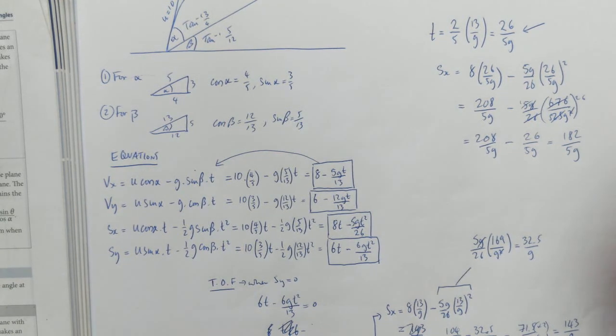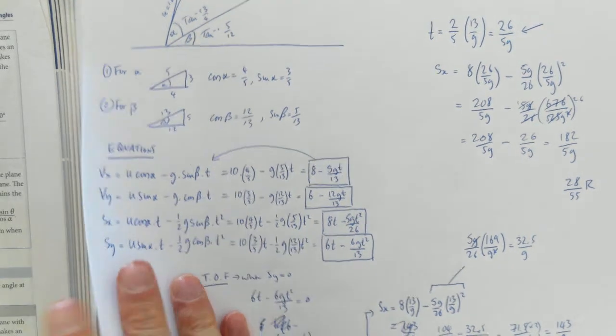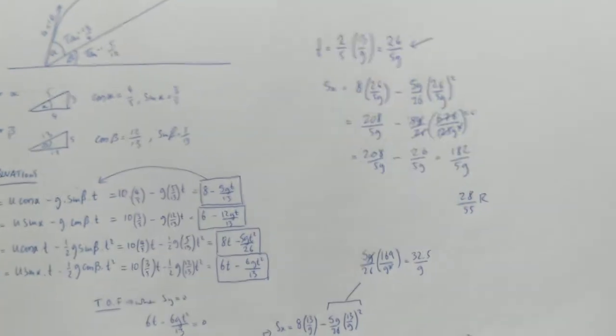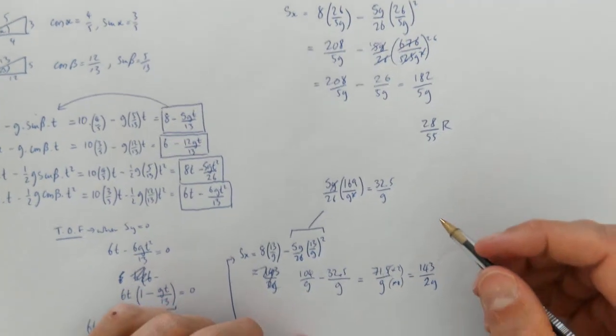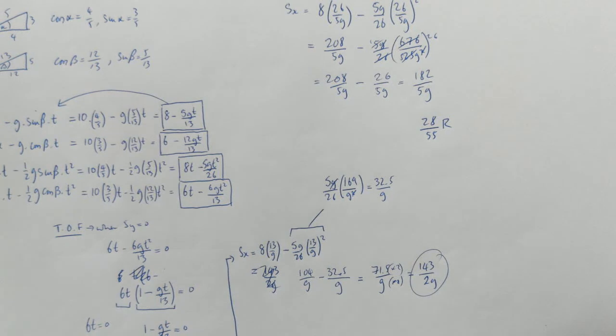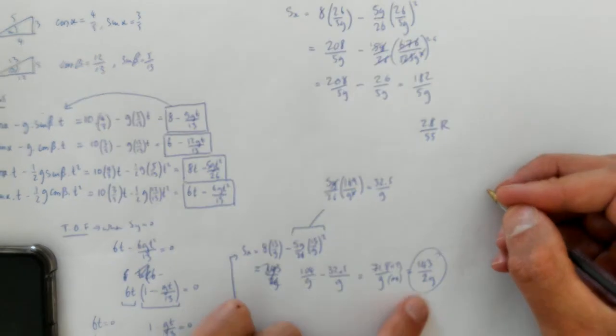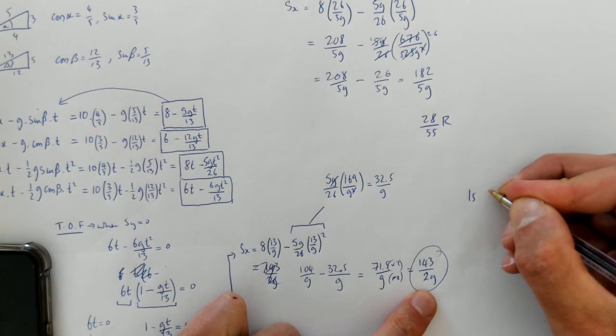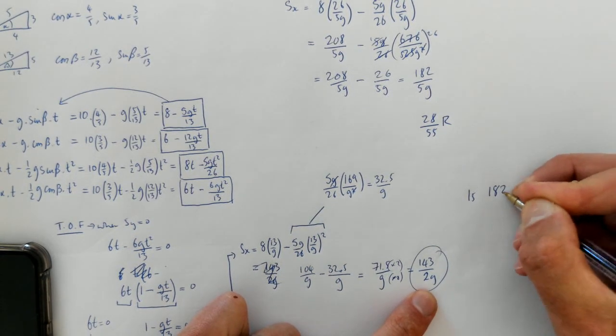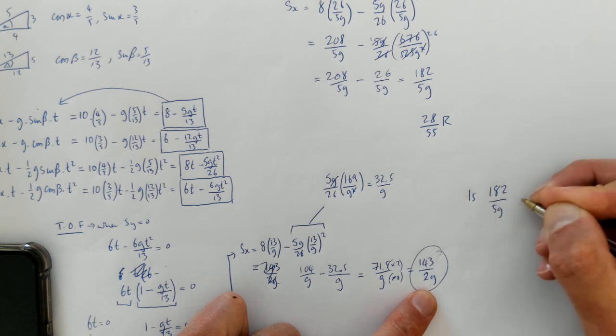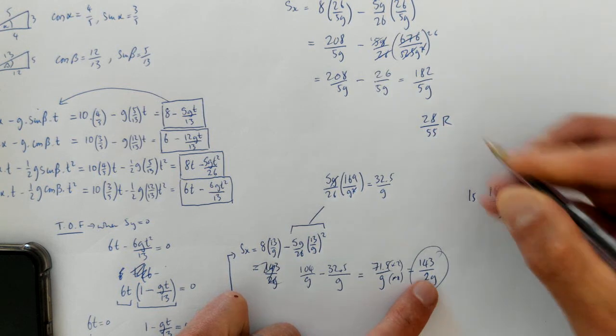Now, in the question it says 28 over 55 R. Show that 28 over 55 R. So what do we get for R? We got this, isn't it? So we've got 182 over 5g equal to 22 over 55 R, which is this.